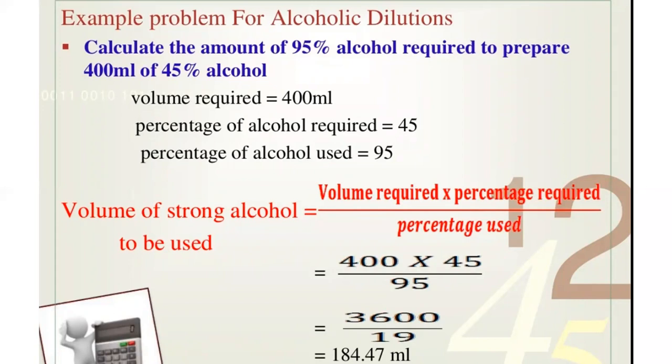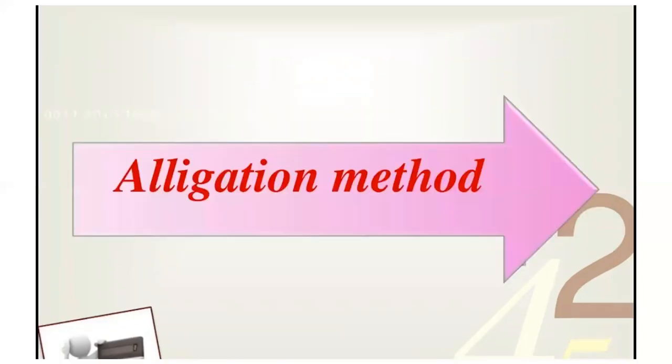That is 95%. So the formula you apply here: volume of strong alcohol to be used is equal to volume required into percentage required by percentage used. So this is the formula. What is the volume required here? 400 into percentage required 45 by percentage of alcohol used 95. Then we will get the final value.